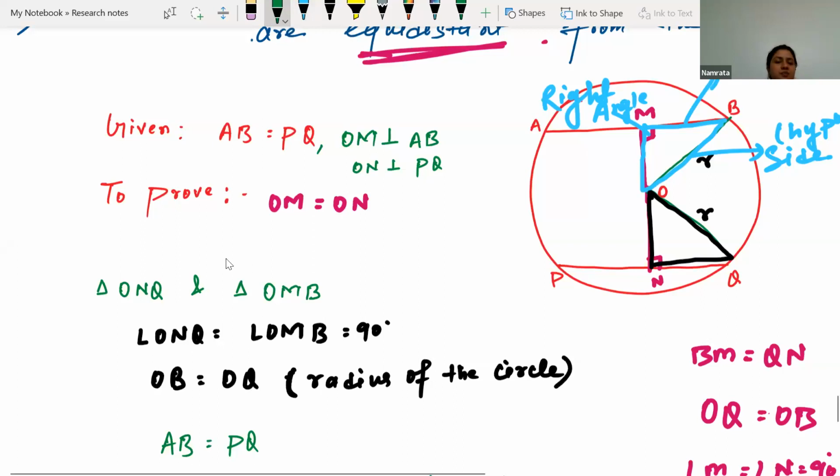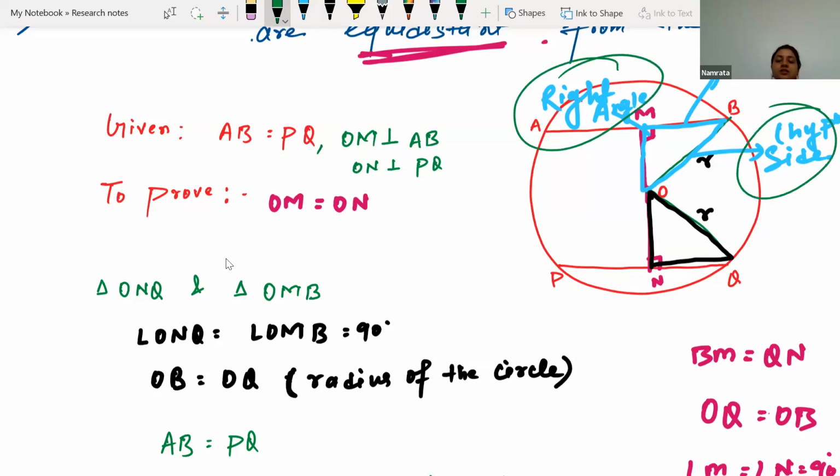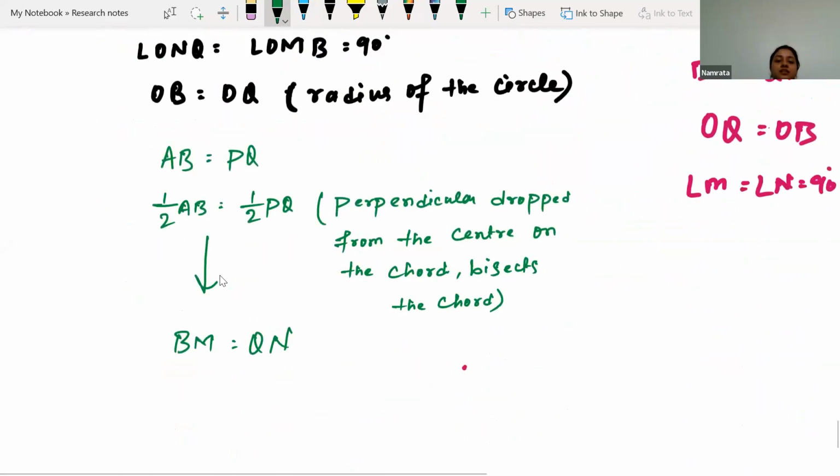Do you know the concept of congruency? Have you done congruency? So here we can see right angle, hypotenuse and side. The RHS congruency criteria is getting fulfilled.